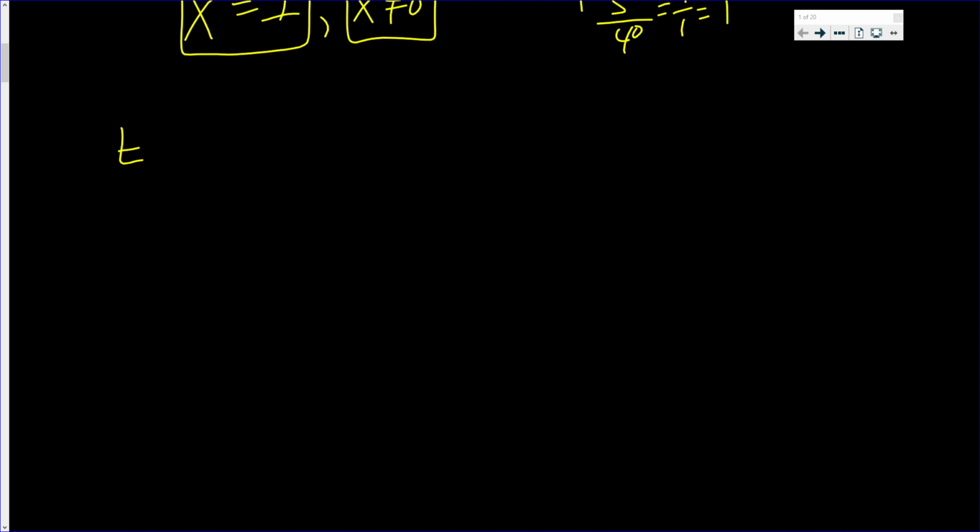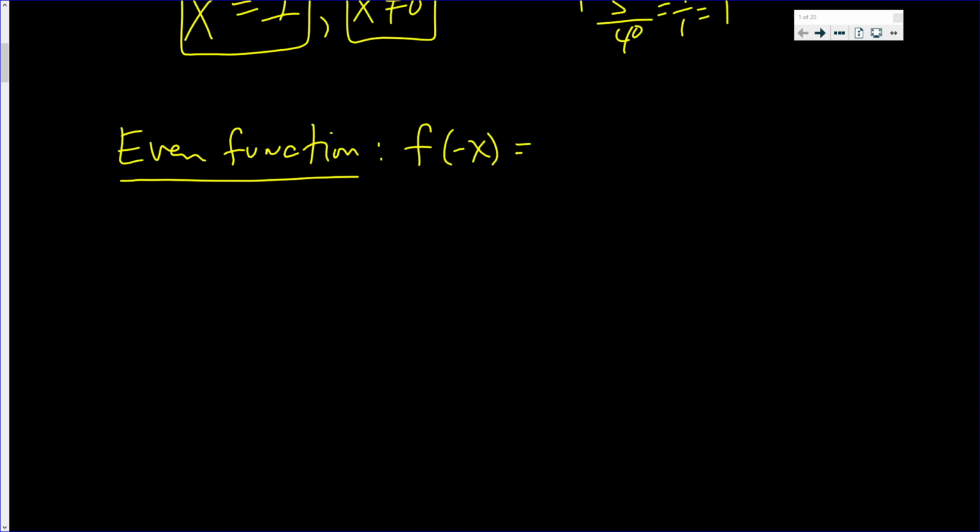Now, the definition of an even function f means that f of negative x and f of x are the same. Doesn't matter whether you plug in 5 or negative 5, you're going to get the same answer. Again, whether you plug in 3 or negative 3, f is going to put out the same answer.